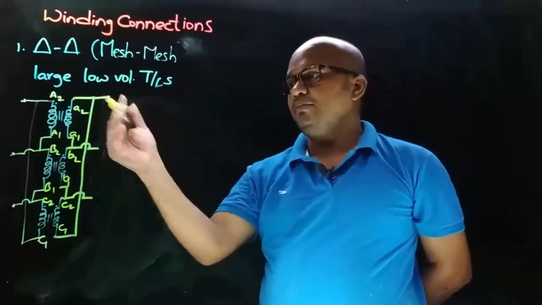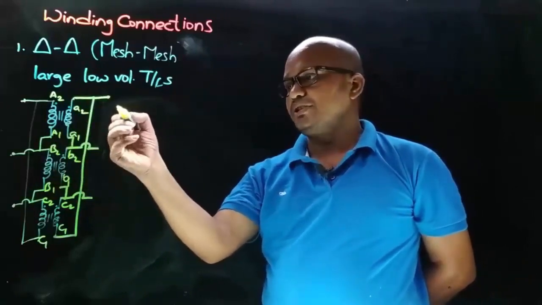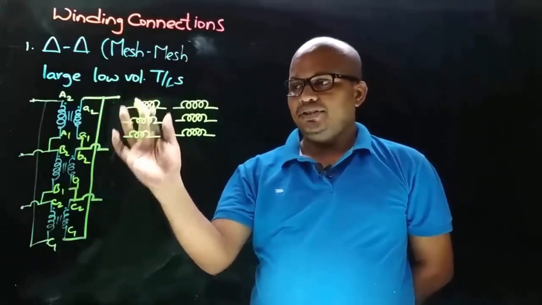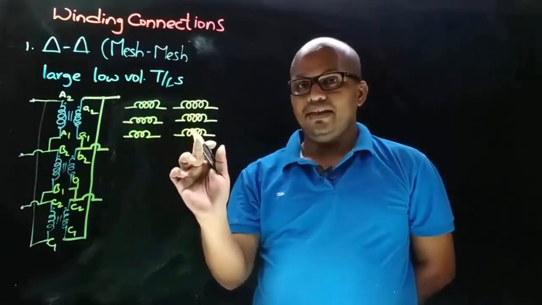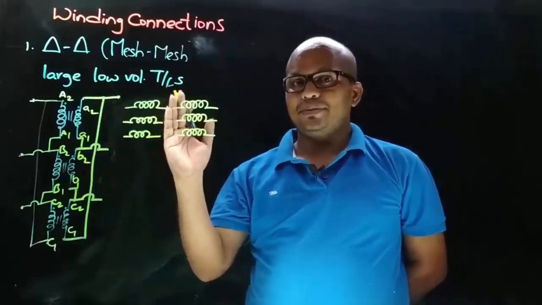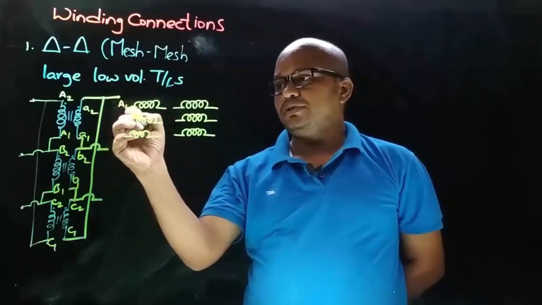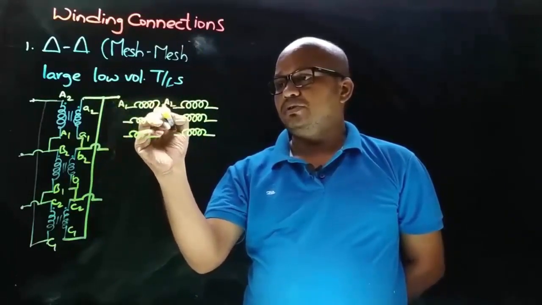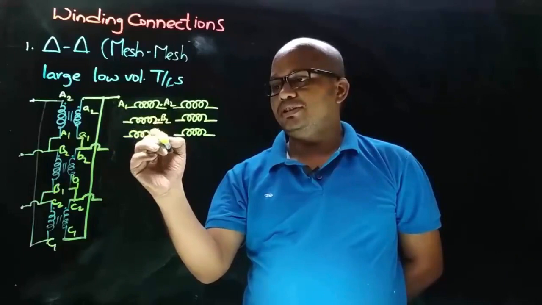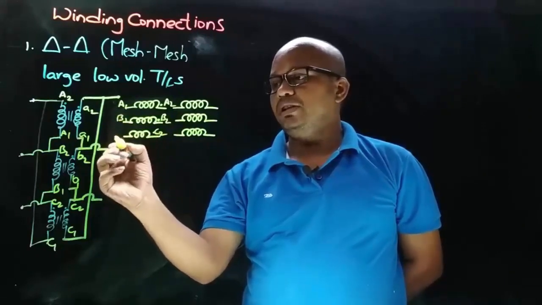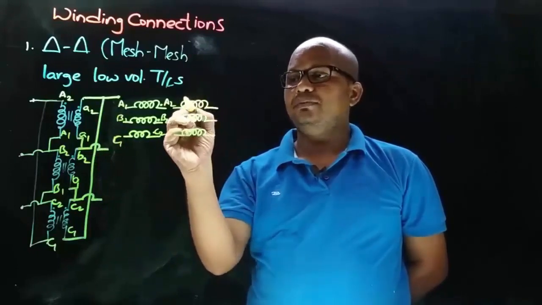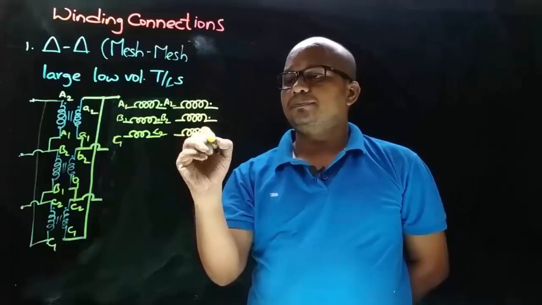And to understand phasor diagram, let's arrange these windings in horizontal fashion. So let us suppose these 3 are the HV side 3 windings, and let us suppose these 3 are the LV side 3 windings, and as HV side terminals are represented in caps, so this is A1 and this is A2, and A2 terminal means this is the dotted end terminal, so this is B2 and this is C2, so B1 and C1, and LV side windings are represented in smaller cases, so let us suppose these are the dotted ends.